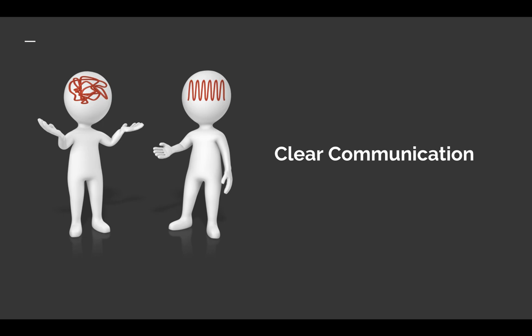If you look at these two little characters here, the one on the left-hand side represents our brains and how kind of complex and confused they often are, and how all the information is often so mumbled. And we absolutely understand what we mean, but sometimes it's hard to communicate what we mean to other people. And it's really important when we're thinking about the slides and the fact that you're going to be communicating this whole story, this whole design process to other people, that you make it as clear to other people what you're thinking and what you're doing and why you're doing it.